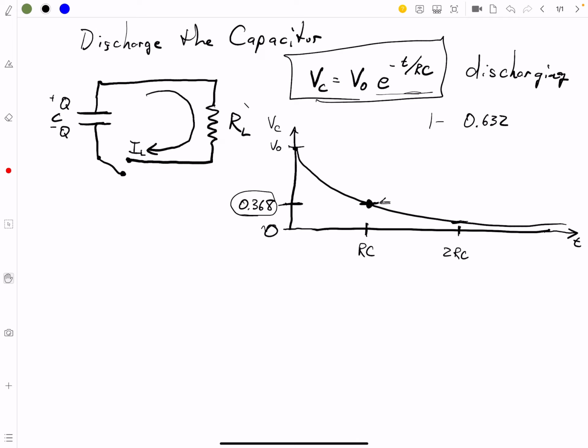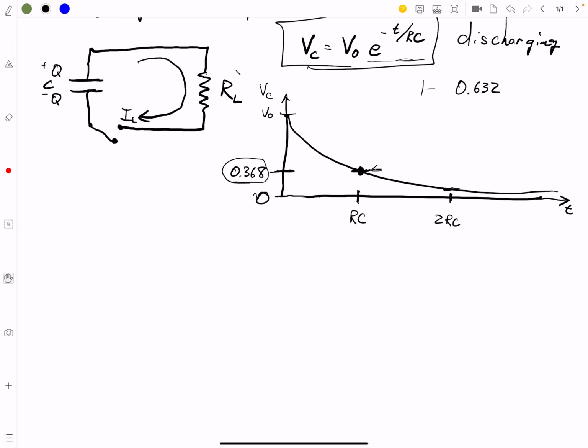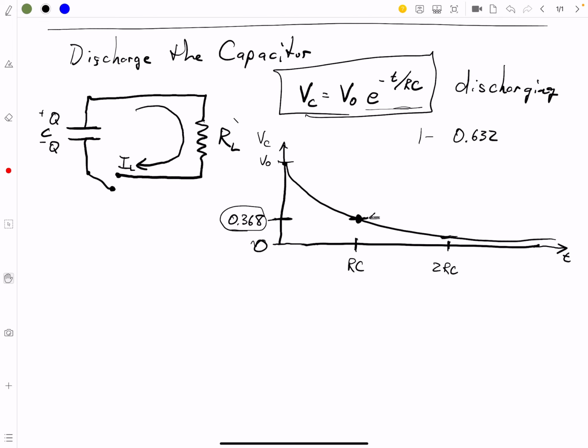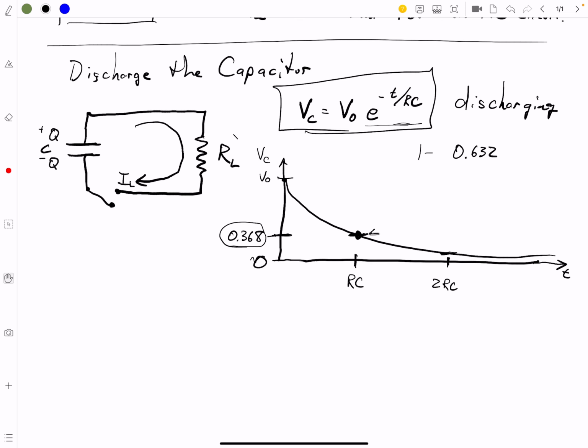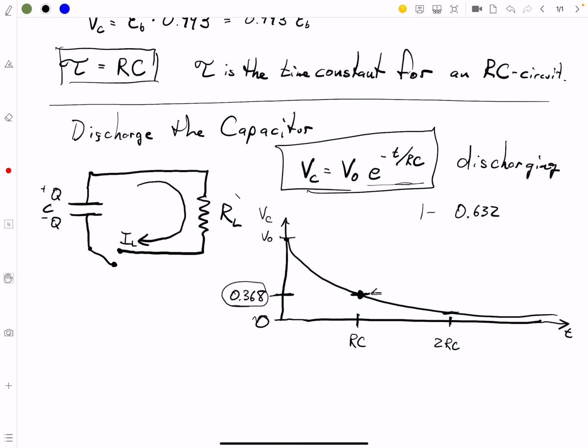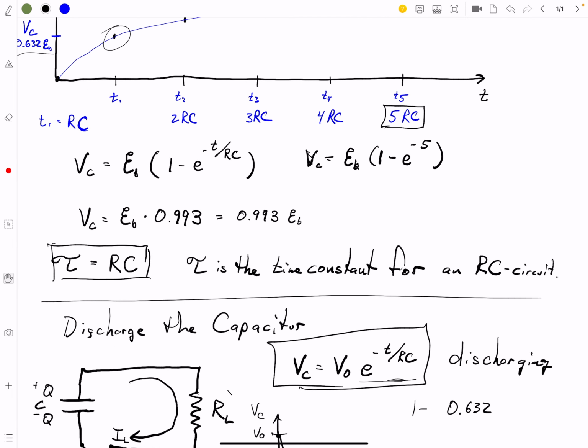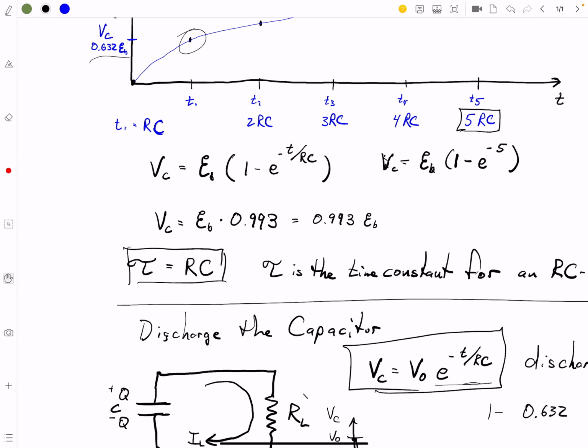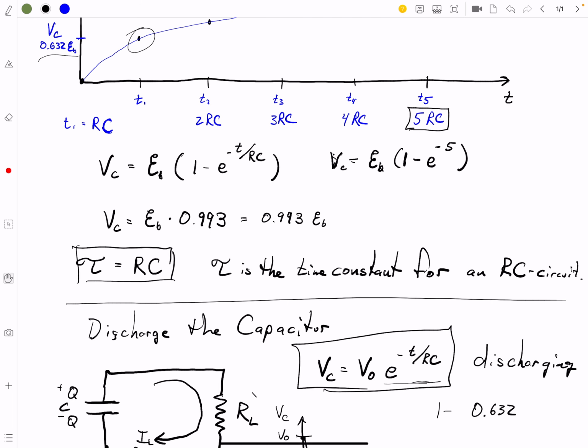So flash photography is the example that is most used. But wait, before we continue, that's discharging. This equation here is charging, okay?